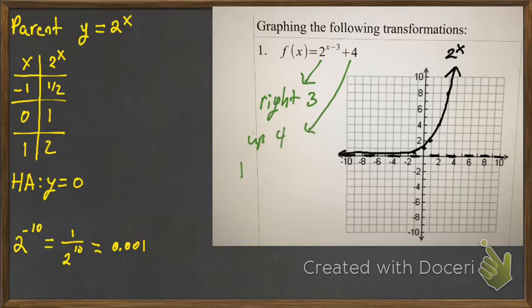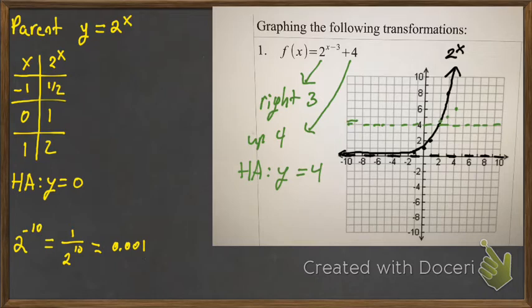Okay. So what happens to the horizontal asymptote if we slide it to the right? Sliding it to the right or to the left does not change horizontal asymptotes. However, the shift up 4 units will bring that horizontal asymptote up to y equals 4. So we'll go ahead and draw in our horizontal asymptote. And then each one of our points, we're going to move them right 3 and then up 4.